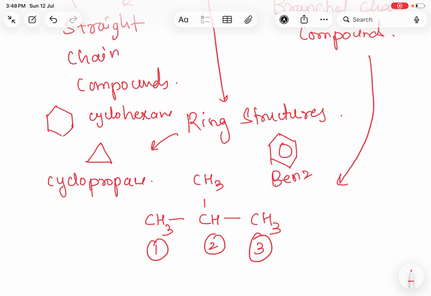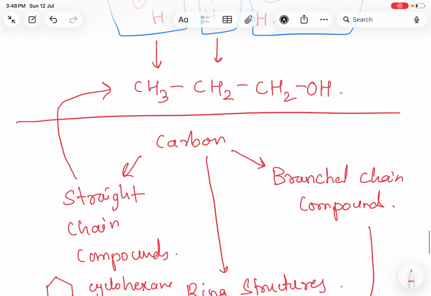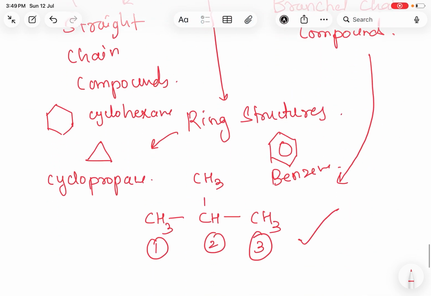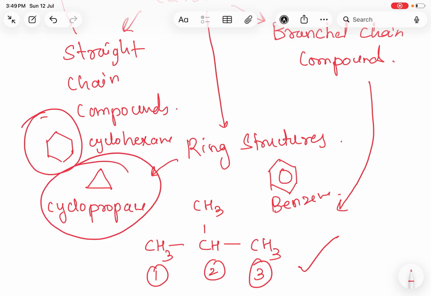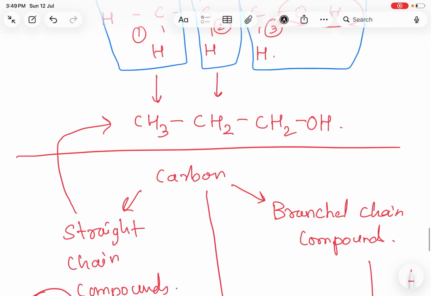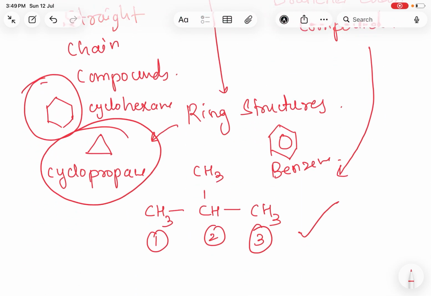So these are different ring structures in which carbon can exist. So we have a straight chain compound, a branched structure, or ring structures, or cyclic structures. So this is all about the introduction of carbon. For the functional groups, we will definitely see it in the next video.